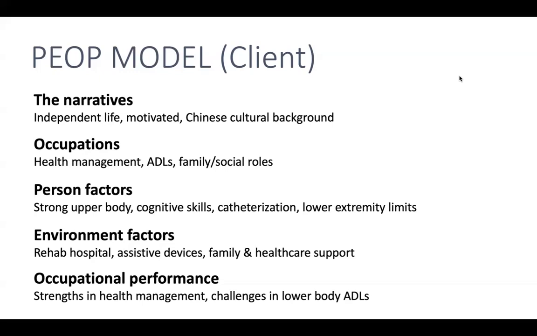In environment factors, there are living in a rehabilitation hospital, using assistive devices, and receiving support from family members. As a result of the interaction among these factors, his occupational performance demonstrates strengths in health management and challenges in lower body ADLs.